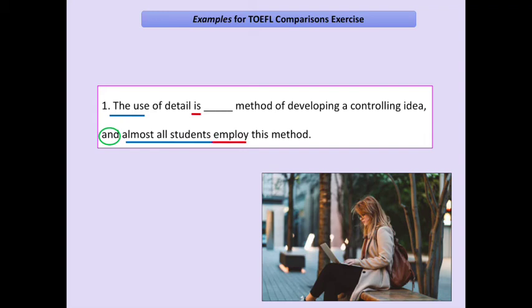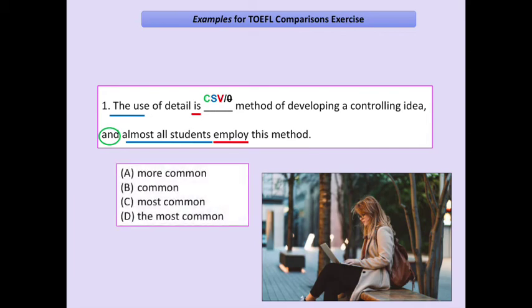So that means our sentence is missing either a connector, a subject, and a verb, or something different. And the something different can be a comparison. So we know from this sentence that we are not comparing two different things.